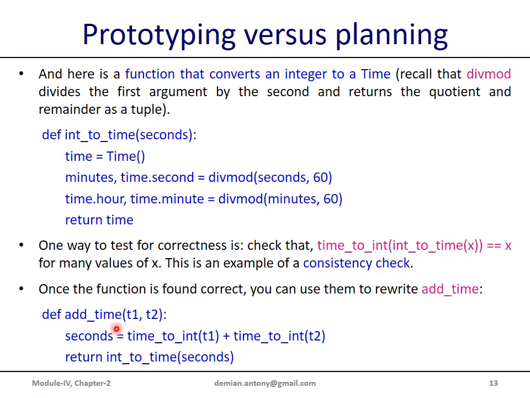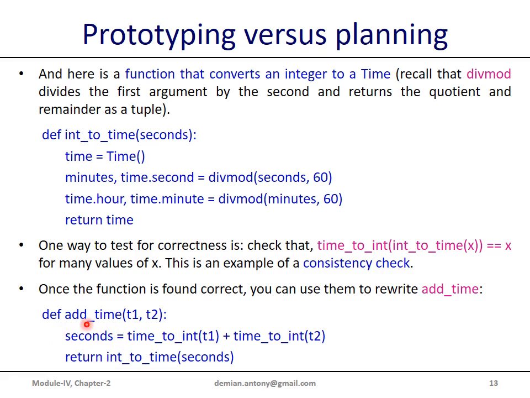Here is the first line where we convert the first time object to integer, and then we convert the second time object into integer, and the seconds representing these t1 and t2 are added and assigned to a variable seconds.